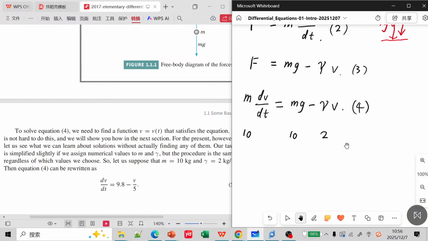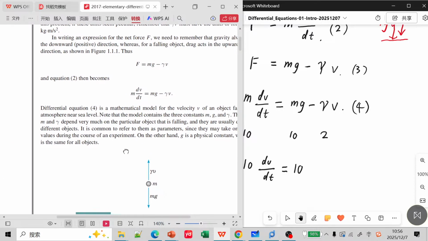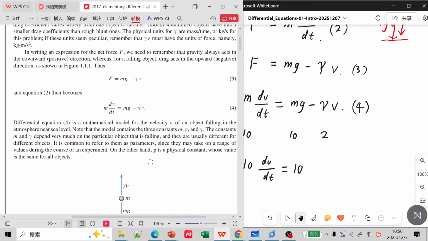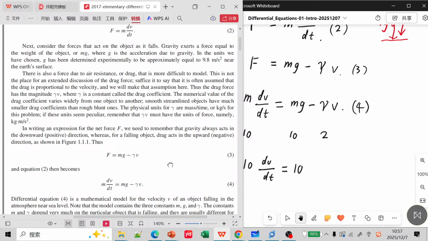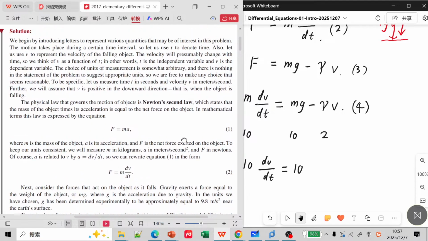Directly we can get 10 dv over dt is equal to 10 times g. Where is g, 9.8?